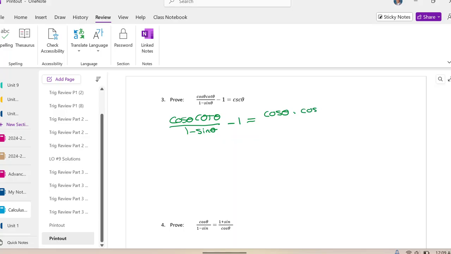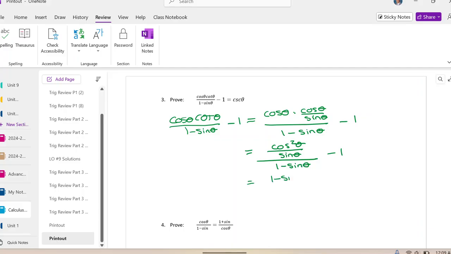So cosine over sine for the cotangent, 1 minus sine. So cosine times cosine is cosine squared. And cosine squared is the same as 1 minus sine squared.